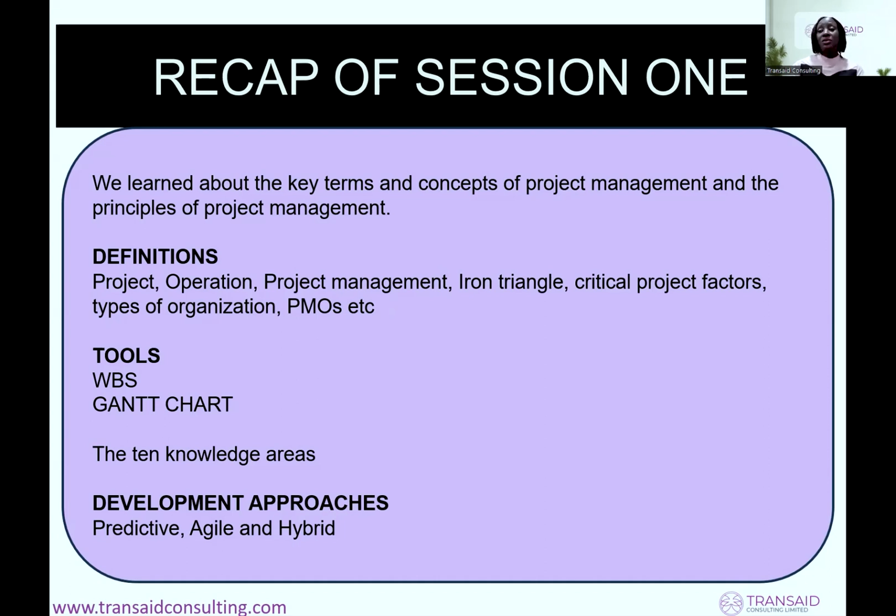We looked at the 10 knowledge areas. We looked at development approaches. Depending on your intended outcome, you may either use the predictive, which is also known as traditional, or waterfall, or you use agile, adaptive, where you have need for a lot of changes in your project, and then you can combine both of them. Use predictive for one part, and then use agile for the other part.